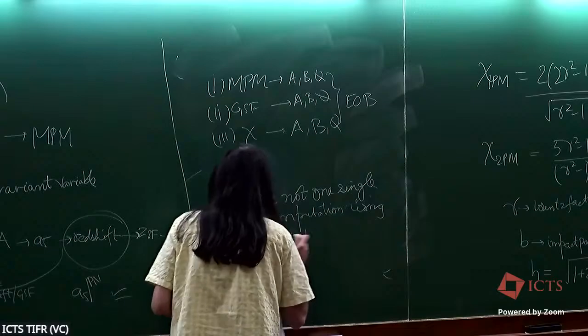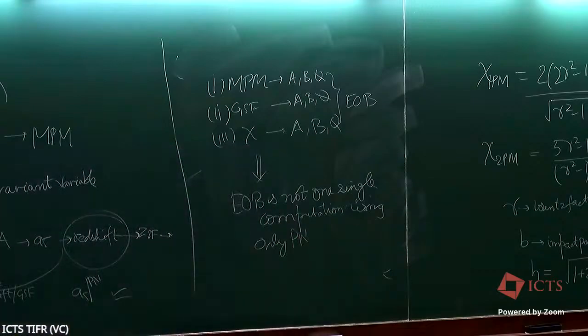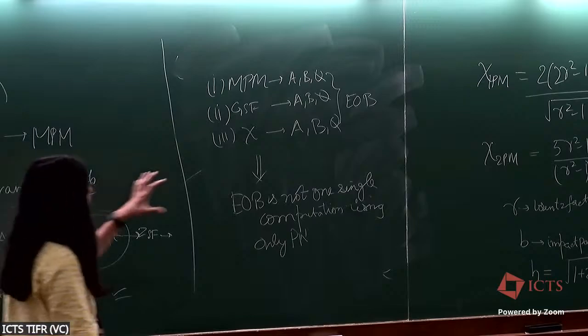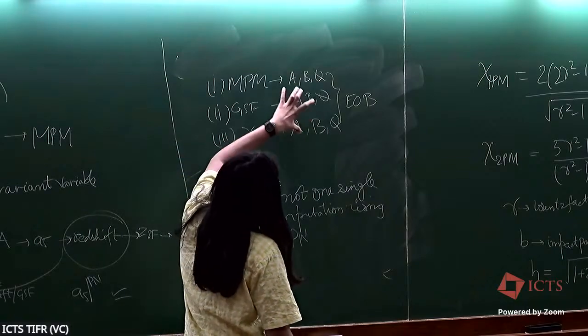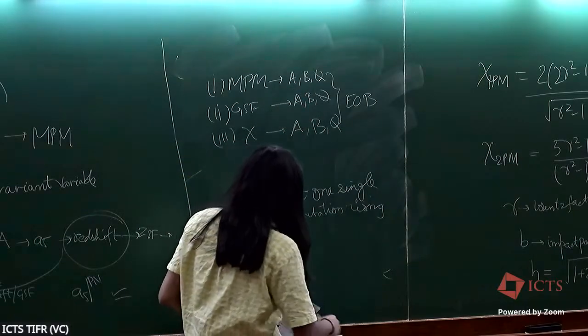Because if you remember, everything that we built here, which was splitting into conservative dynamics, radiation reaction, and gravitational wave modes, was starting with the PN information. But from here, we said that we can also use MPM, GSF, and chi, the scattering angle, to inform these EOB things.